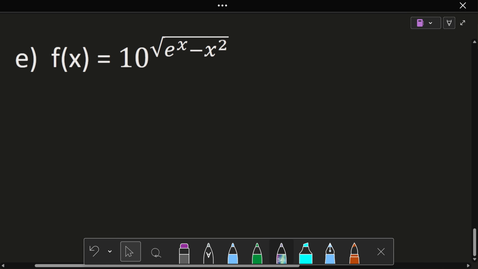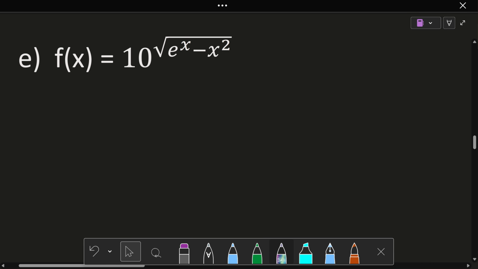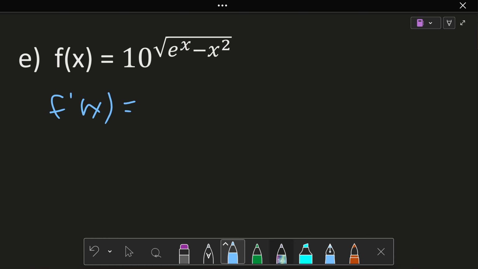So we're going to do another one here where f of x is equal to 10 to the power of a radical. Oh, this is going to be a good one. So f prime at x equals... The first thing I'd like to do is write my radical as a fractional exponent. So up here, I'm going to write this down as 10 to the power of (e to the x minus x squared) to the 1/2.